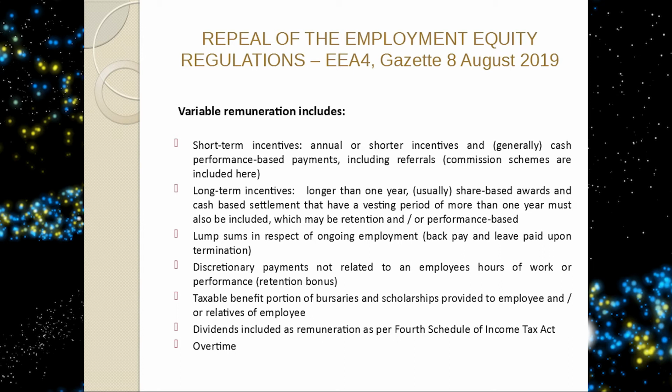Dividends included as remuneration as per the Fourth Schedule of the Income Tax Act, and overtime. Dividends, in other words, top management, usually directors of a company, should a dividend be declared, then that will form part and parcel of the variable remuneration of that top management individual.